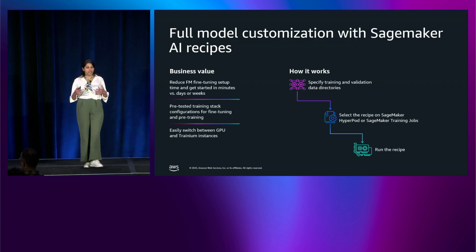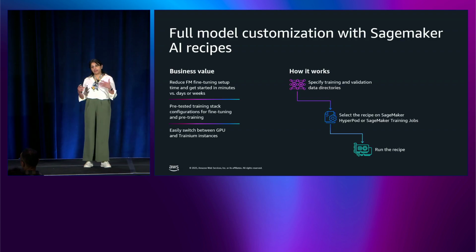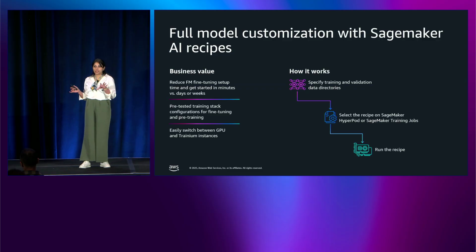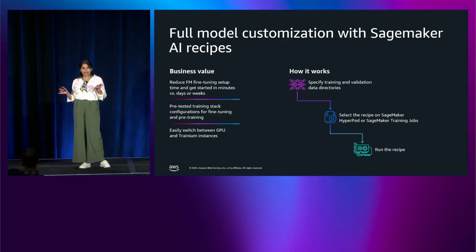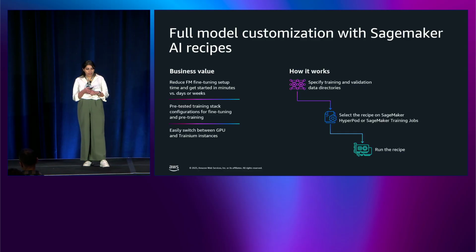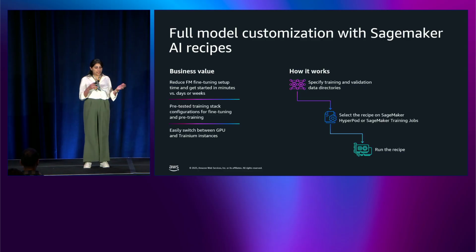For example, you need to figure out what's the right type of instance, what is the number of instances that you want to use for customization. All of that is taken care of for you. It comes with those recommendations so that you don't have to experiment and run multiple different iterations of customization. So with SageMaker, you can also easily switch between multiple different accelerators for your training.